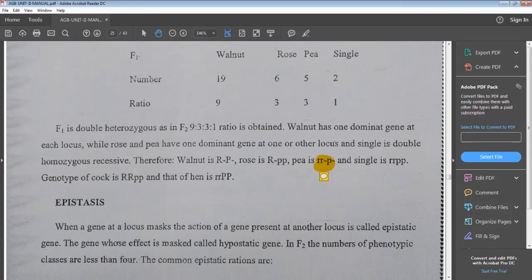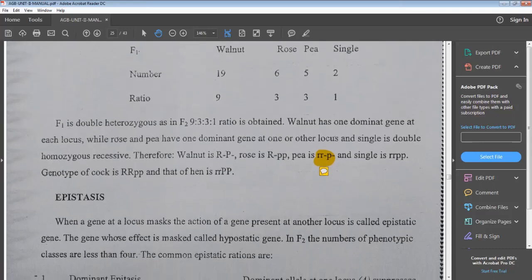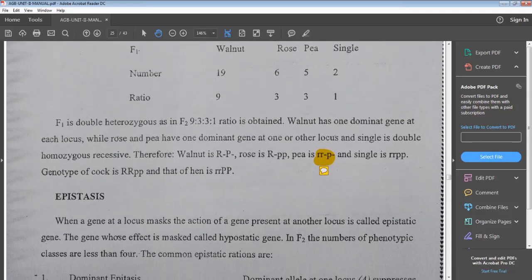Okay, this is the kind of individual which will be having walnut comb. While rose and pea comb will have one dominant gene. Okay, if he is having one capital R, that means he is having the rose comb. We'll have 3 individuals of this kind of genotype.